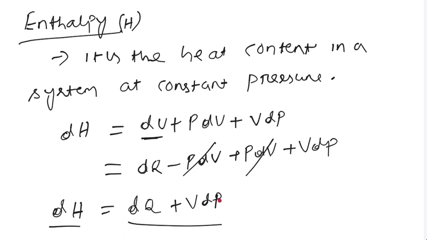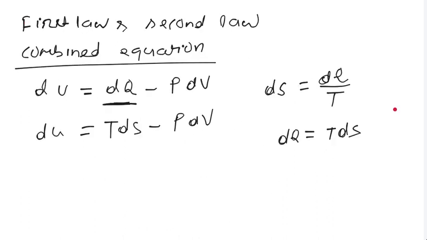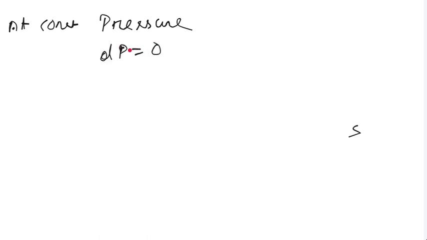But at constant pressure dP will be 0. So the equation will become dH at constant pressure equal to dQ at constant pressure.